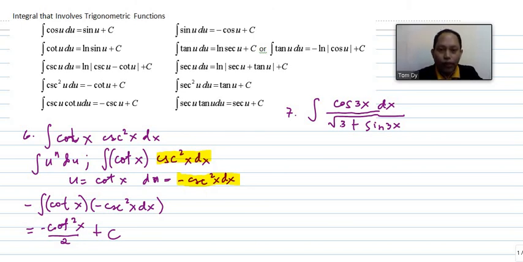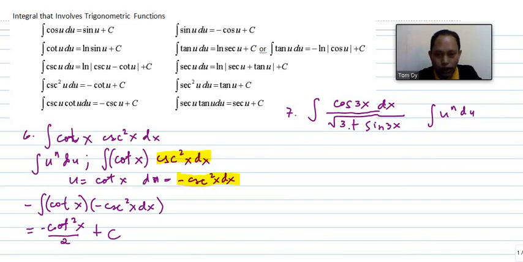Again, you cannot solve this problem directly using the formulas we have. So instead, we will think of another formula which is applicable for this particular problem. I think we have to use the integral of u to the n du. If we use this formula, we will rewrite this in terms of u to the n du.